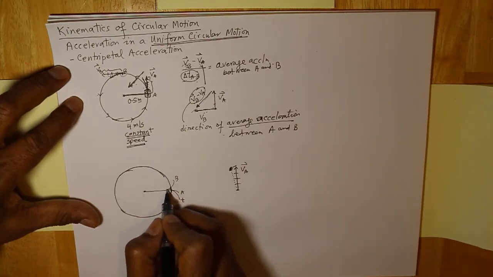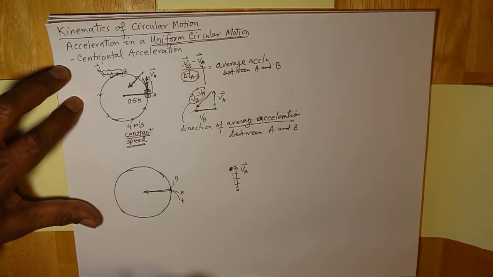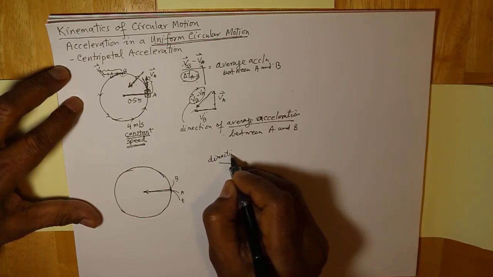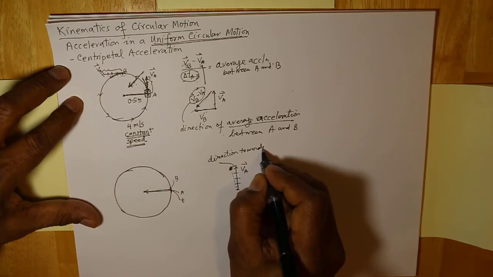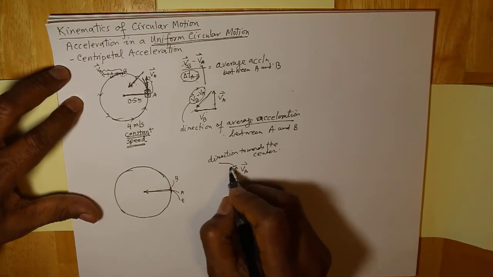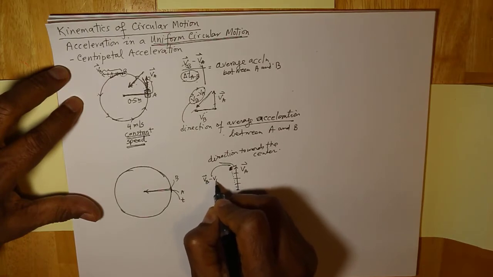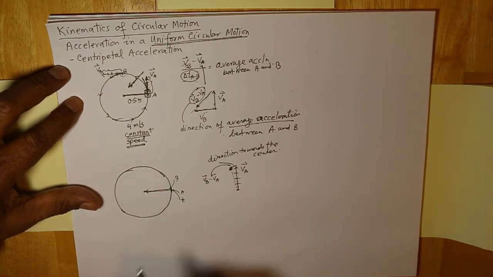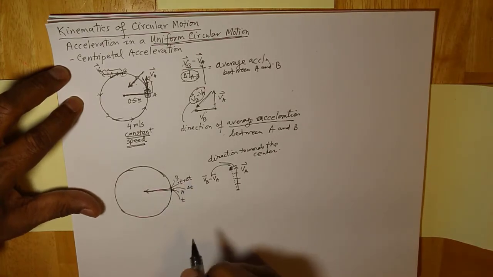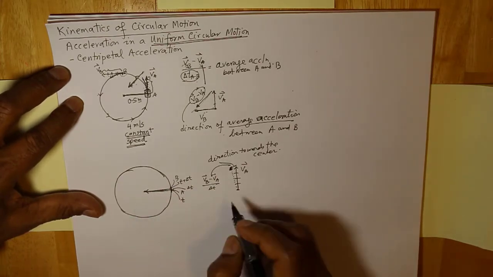If you look at which way the acceleration is pointed, it is towards the center. Right at A, the acceleration is pointed in this direction, towards the center. So the change in velocity that occurred here is VB minus VA. This is a very small amount of time, delta t, from t to t plus delta t. If I divide this by delta t, I get the acceleration occurring over here.